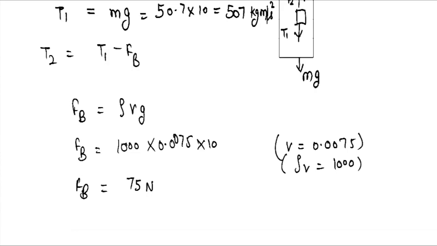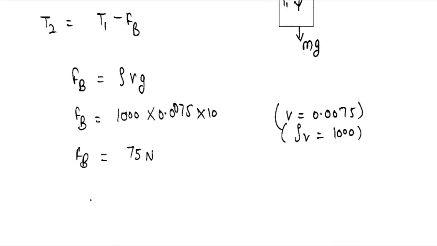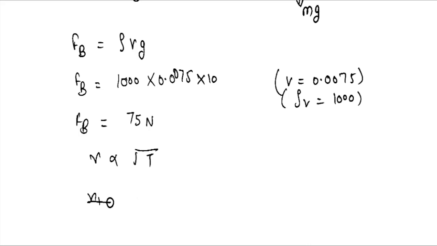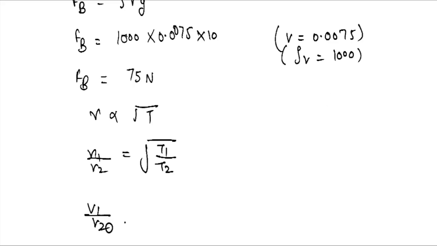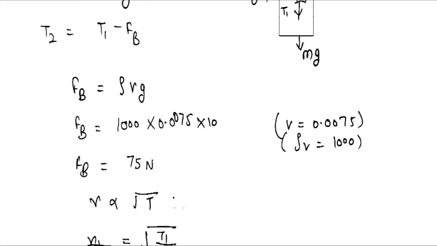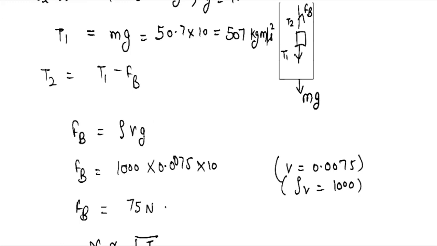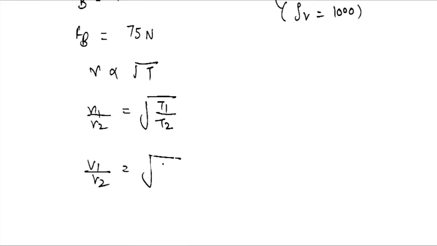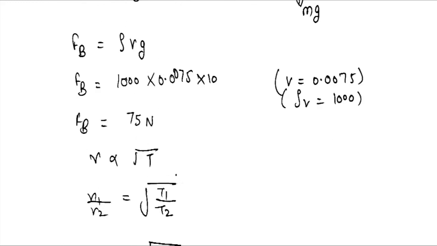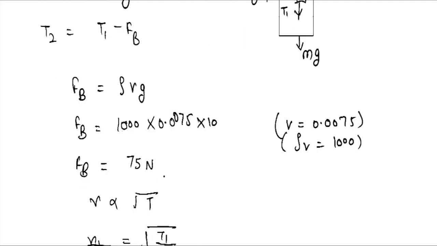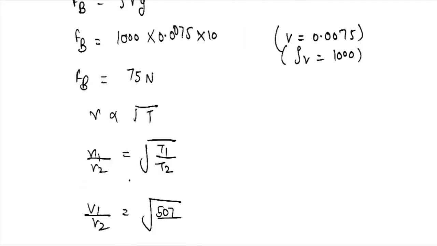Now we know that velocity v is directly proportional to root T. So if we take frequency 1 divided by frequency 2, this must be equal to root of tension 1 divided by tension 2. Tension 1 is 507, and tension 2 is not given to us, so we have to calculate tension 2 here.